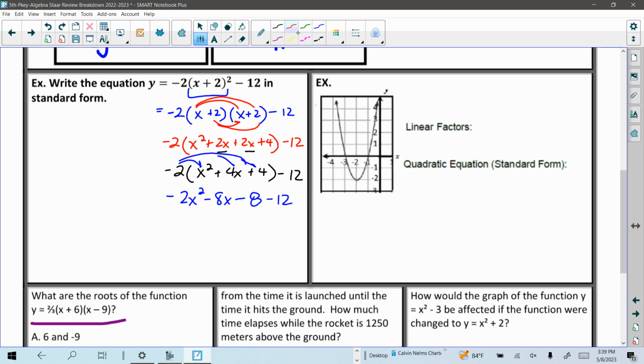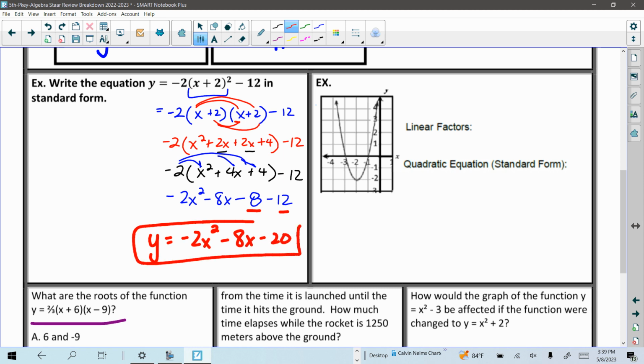So now we can combine these like terms, get it in standard form, which is -2x squared minus 8x minus 20. Okay, so since it said it's in standard form, it had to look like ax squared plus bx plus c. That's what we just kind of reviewed.